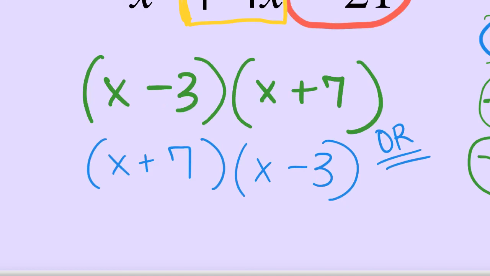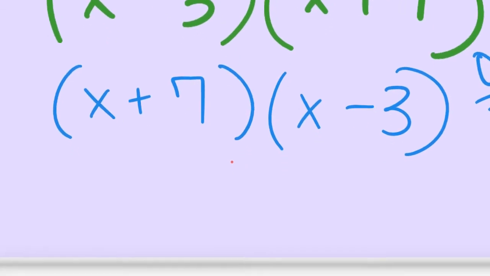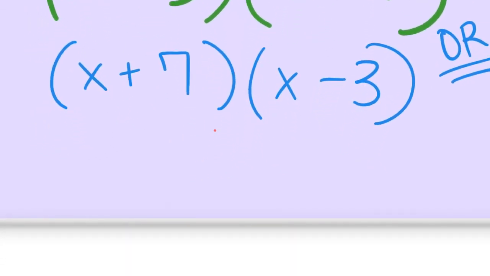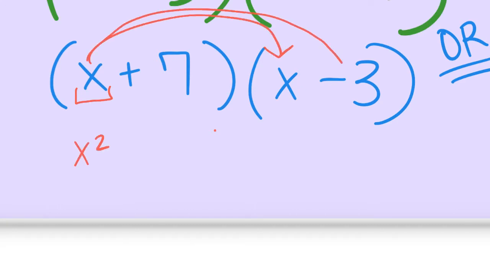Now remember, we could always double check this by multiplying. So we're going to do it for this first one. We won't do it for the rest of them in the video, but just to remind you, if you wanted to check your answer, just take your binomials and multiply them. So x times x, that's x squared. X times negative 3, that's negative 3x. 7 times x, that's positive 7x.